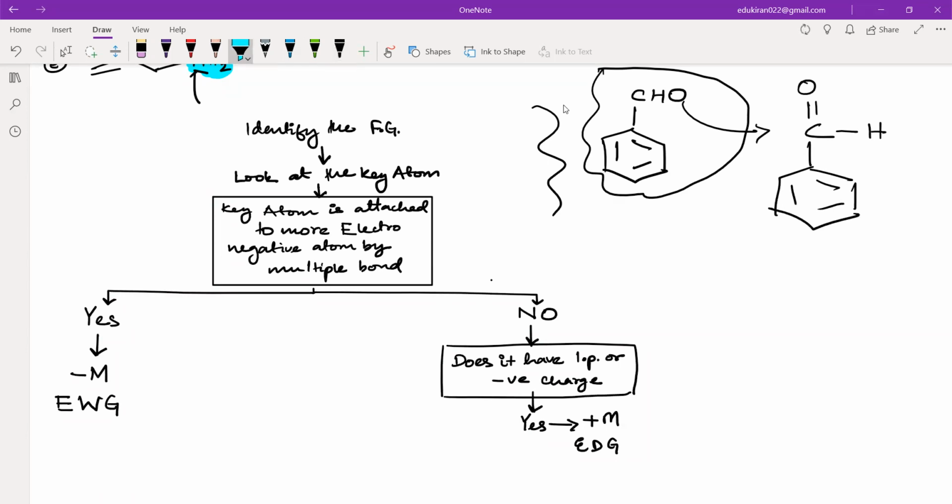What is the key atom? Carbon. Is carbon attached to a more electronegative element by a double bond, a multiple bond?